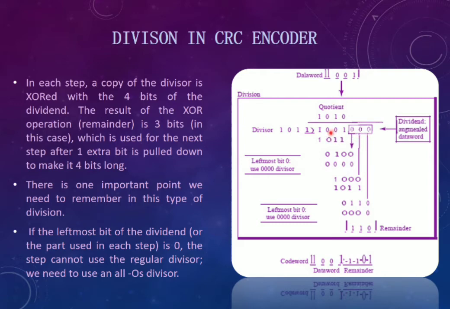The result of the XOR operation is 3 bits, which is used for the next step after one extra bit is pulled down to make it 4 bits long. One important point to remember is that if the leftmost bit of the dividend is 0, the step cannot use the regular divisor. We need to use an all-0s divisor.